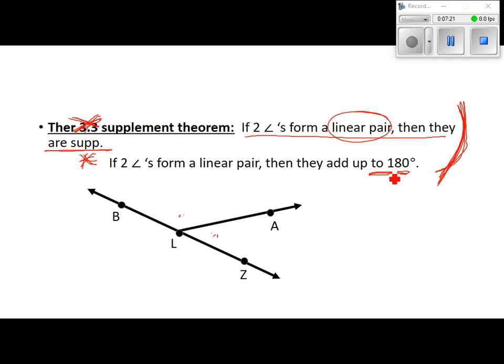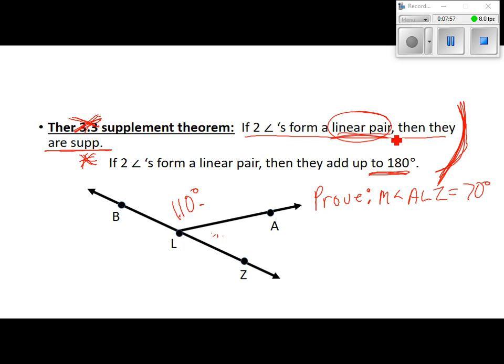All right? So if I give you this picture and it tells you this angle's 110, and it says prove the measure of angle ALZ is 70 degrees, then somewhere through our two-column proof, we'd say we know that this angle and this angle, angle BLA and angle ALZ, are supplementary because they form the linear pair, right?